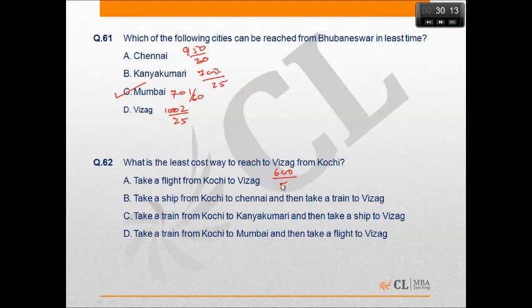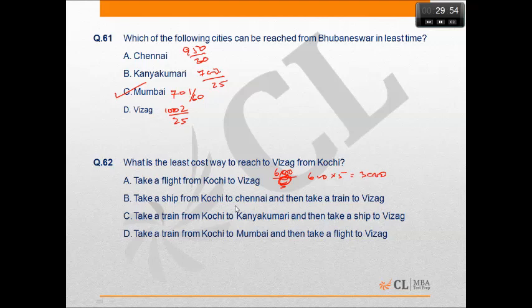So 600 into 5, so 3000. Okay, take a ship from Kochi to Chennai and train to Vizag.